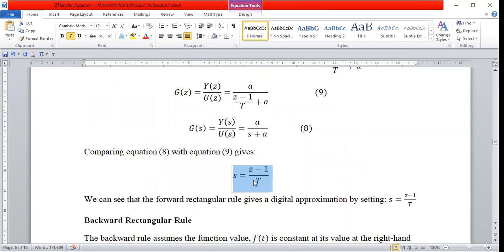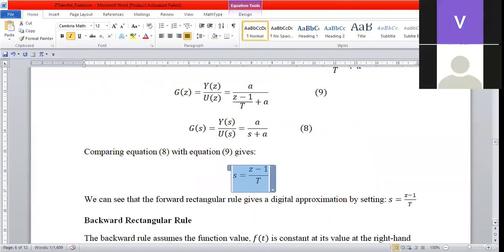Somebody asked that, like the other time, if you are to memorize the proving, the most important thing is you understand it. For the forward rectangular rule, you replace s with z minus 1 divided by t.